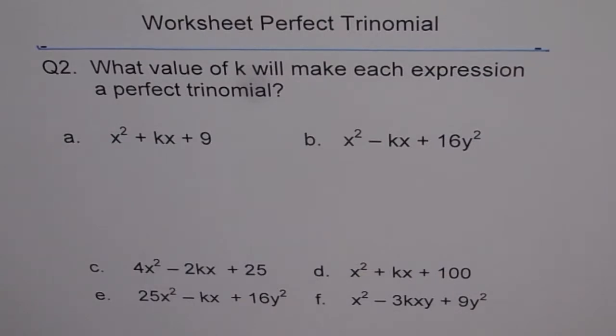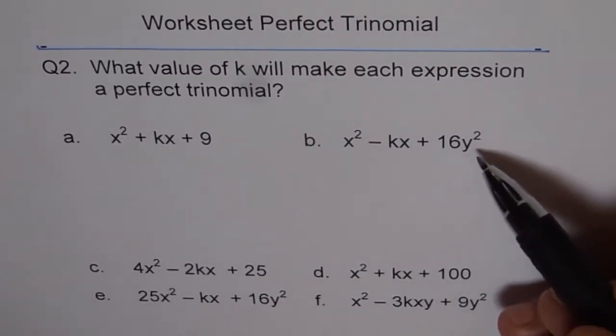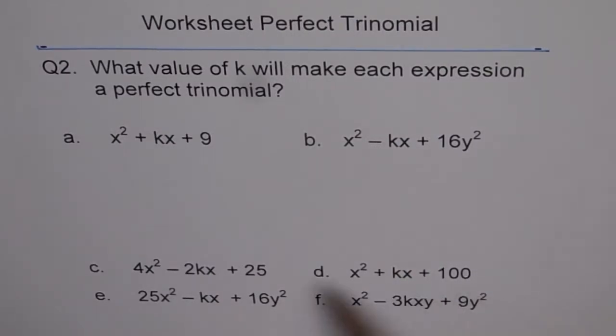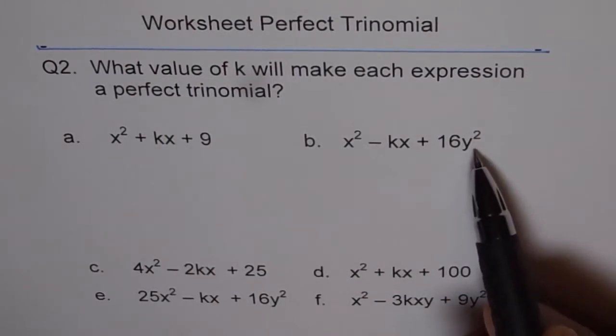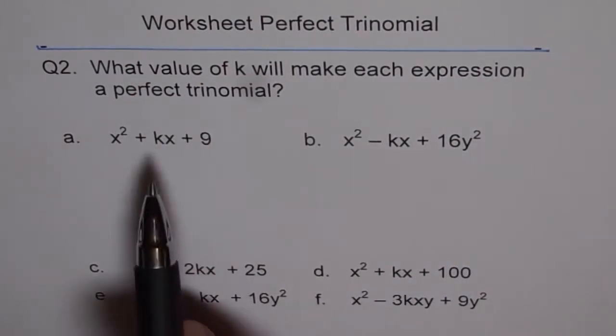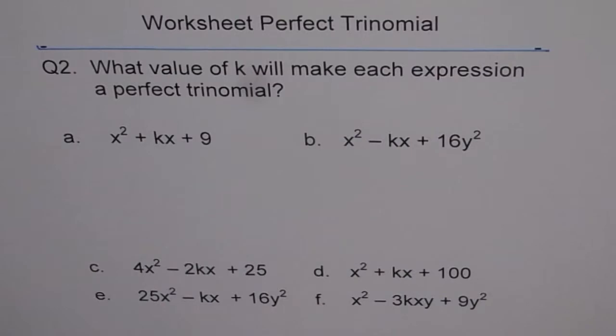E is 25x squared minus kx plus 16y squared. And F is x squared minus 3kxy plus 9y squared. Okay, like this is very similar to this, right? And it has the same component of y squared. And these two are similar to the first one. So they are good examples to practice.